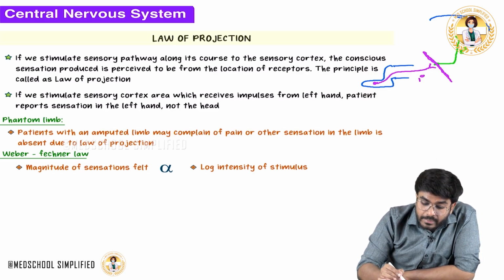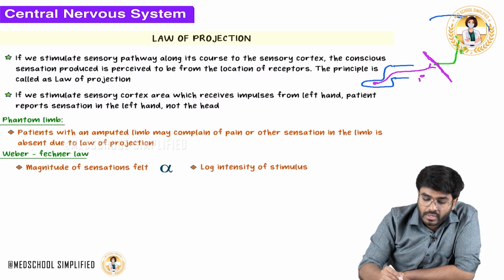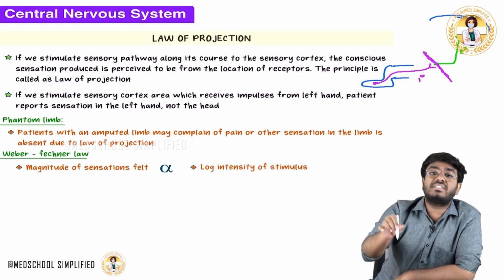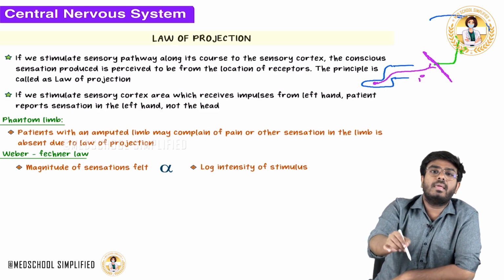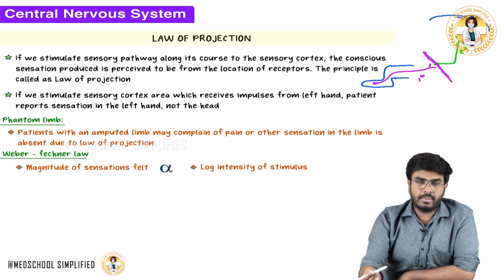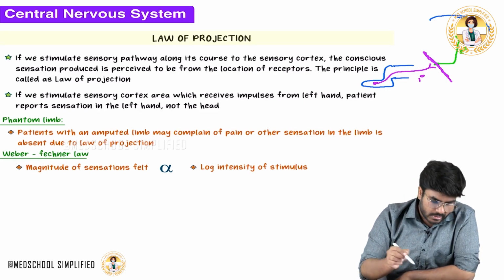But still he is feeling it, because whenever you stimulate here, the second order neuron is activated, it will stimulate the third order neuron, and that will stimulate the somatosensory cortex which is processing the information from the foot.